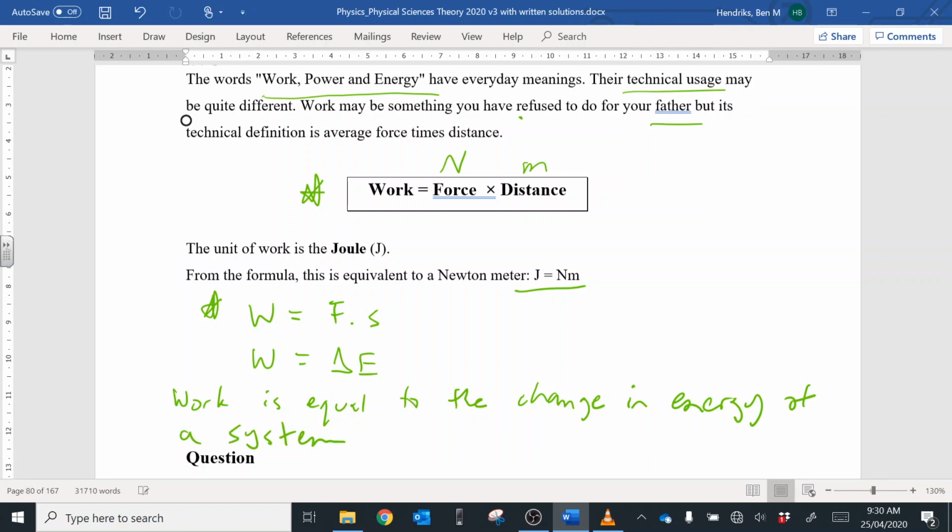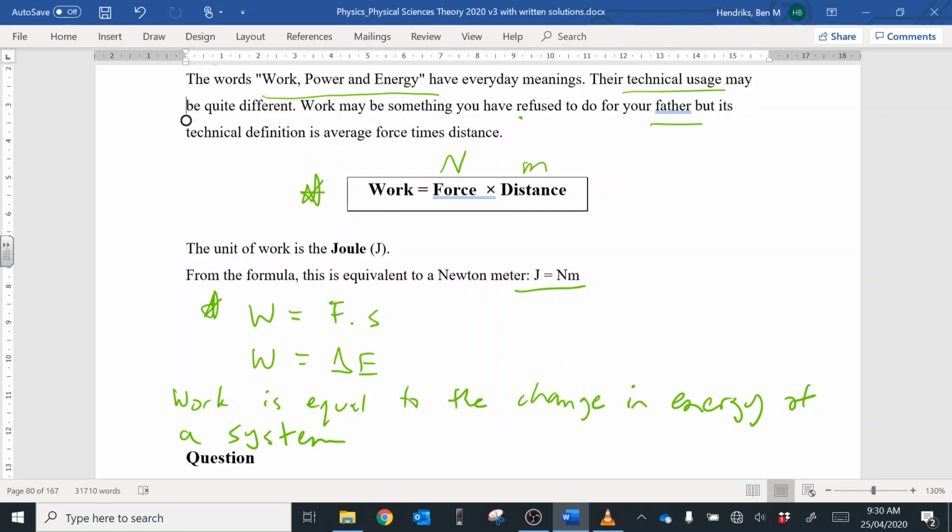Okay, so what this basically means is that if something requires more energy to move it, then more work must be done in order to do that. So you can think about it, if you're at the gym and you're pumping weights, if you have a 5 kilo dumbbell, then that's going to require less work to do dumbbell curls or whatever you want to do with them.